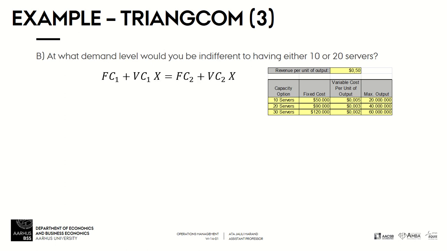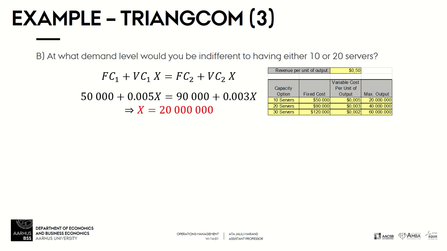So here on the left hand side of this equation we have the total cost of the first alternative, and on the right hand side we have the total cost of the second alternative. We substitute the numbers and then solve for x, and then we get x equal to 20 millions.